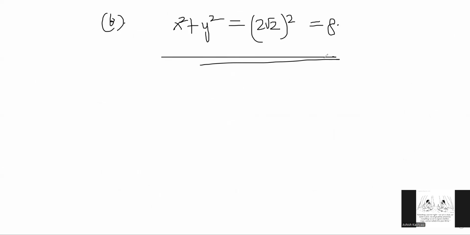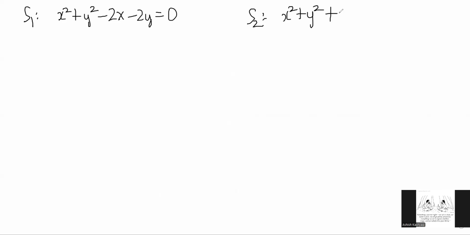The only part that is left is we have to find the radius of the circle which cuts S1, S2, S3 orthogonally. So let's first write the equations. The equations are like this. S1 is this. S2 is this: x square plus y square plus 2x plus 2y equals 0.